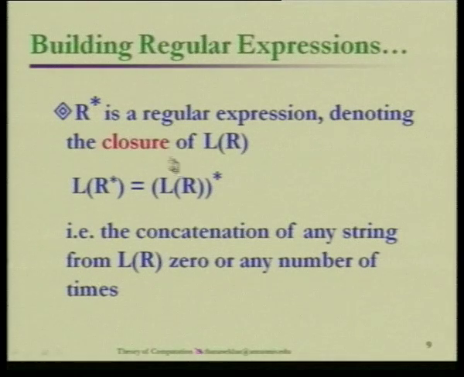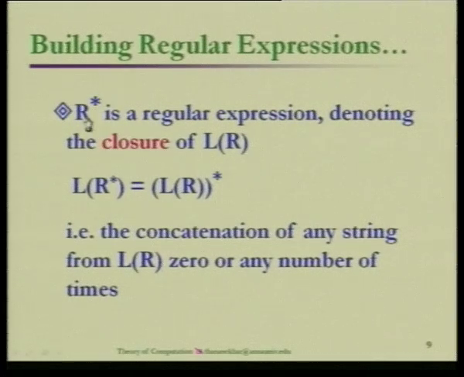The third one is the repetition. If you want to repeat a pattern any number of times, we have an operator called closure. So if R is a regular expression, and you want to repeat that particular R any number of times, then we have a new regular expression called R star. By the notation itself, we find that it has only one operand.